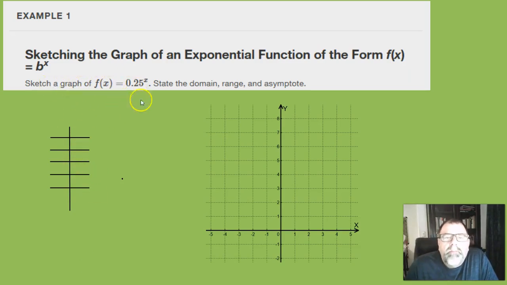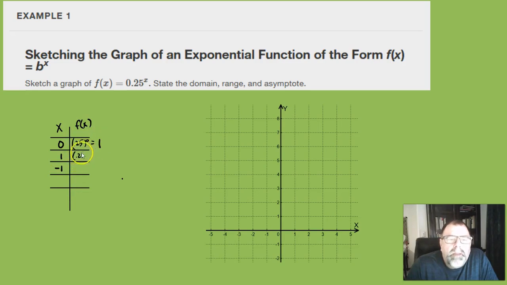Sketch a graph of f of x equals 0.25 to the x, which is also the same thing as 1/4 to the x, right? 0.25 is 1/4. So again, remember 0, 1, -1. Anything to the 0, 0.25 to the 0, is 1.